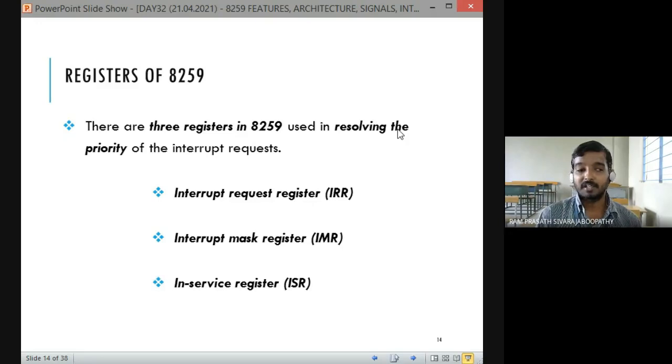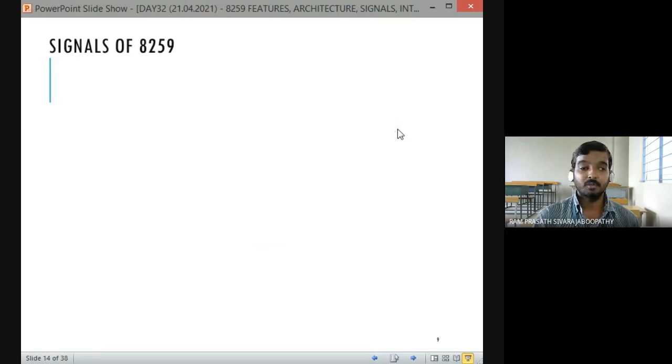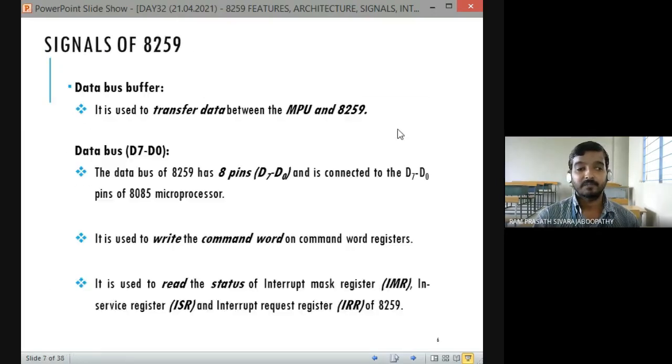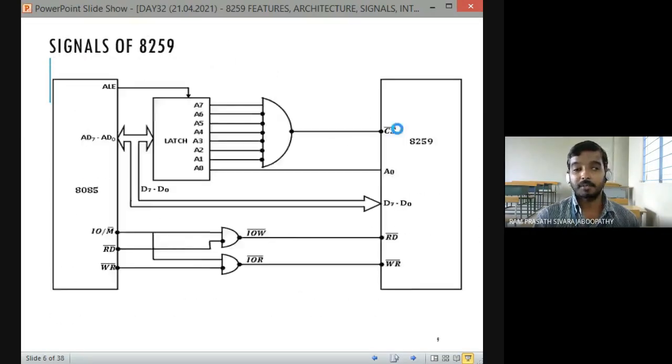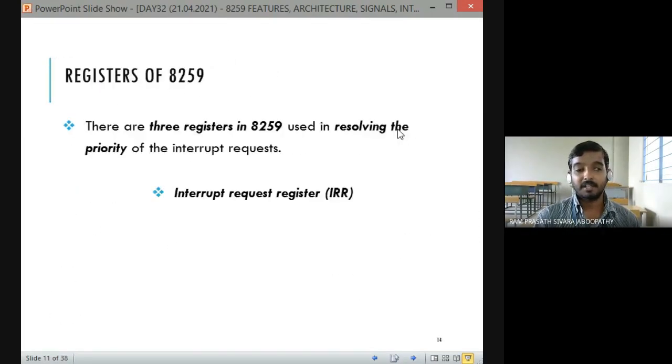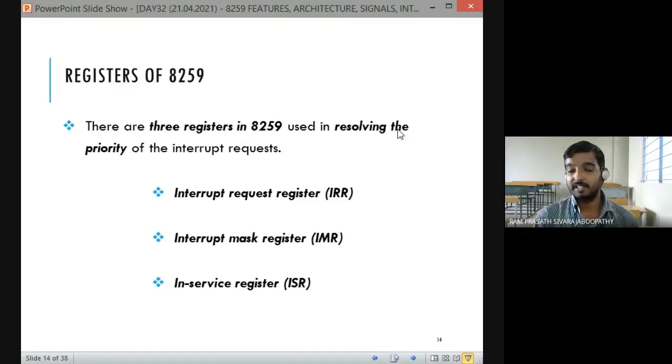IRR stands for Interrupt Request Register. So what is going to happen in that register? What information gets stored in the register? Any guess? On seeing the architecture diagram, you can tell. Yes, very good. Interrupt request. The information about which interrupts have made a request is available in 8259.